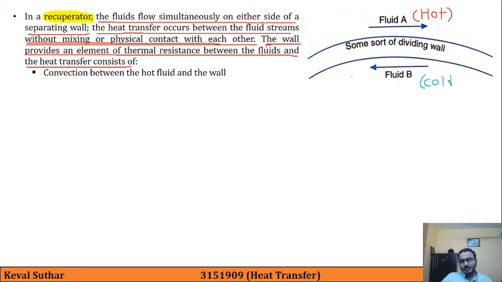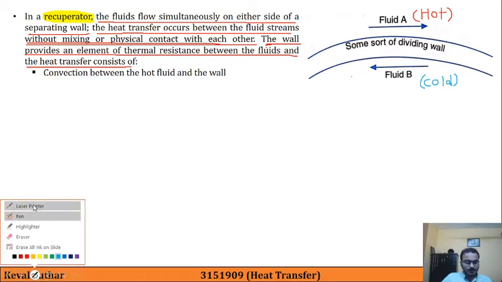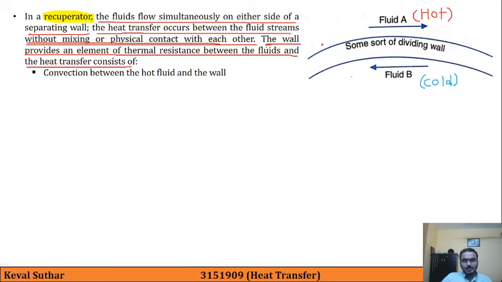Okay. See, throughout this chapter I will try to indicate hot with red color and cold with sky blue color. So here first it will be, this portion is between the hot fluid and the wall, that is in between this region.